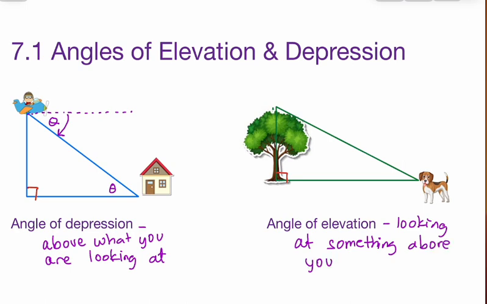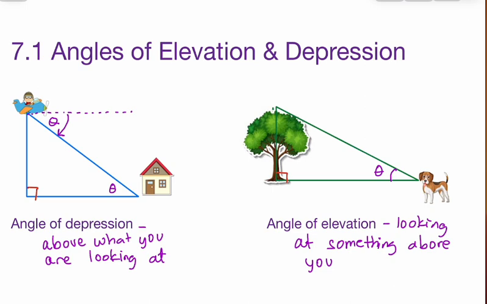So if this dog sees a squirrel at the top of the tree and he has to lift his eyes up to see the squirrel, that angle measure that he lifts his eyes from the ground, whatever angle he needs to lift his eyes up to look at the top of the tree, that is the angle I am talking about.